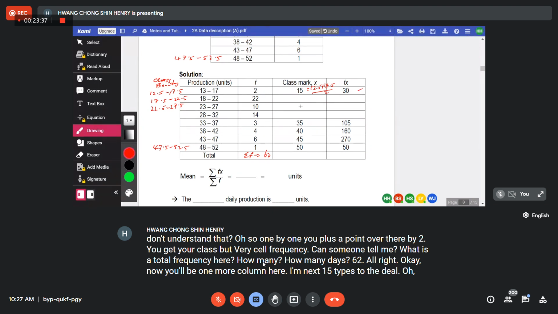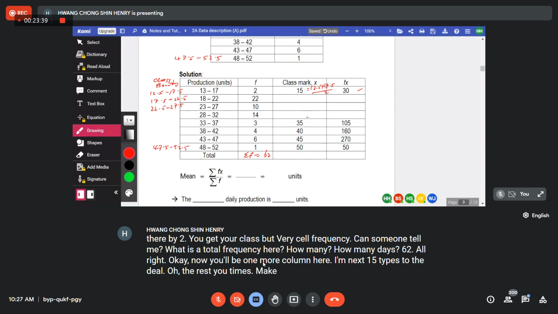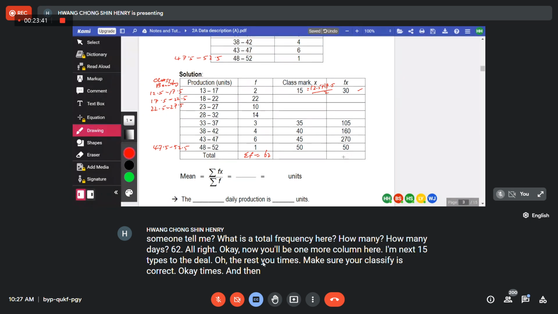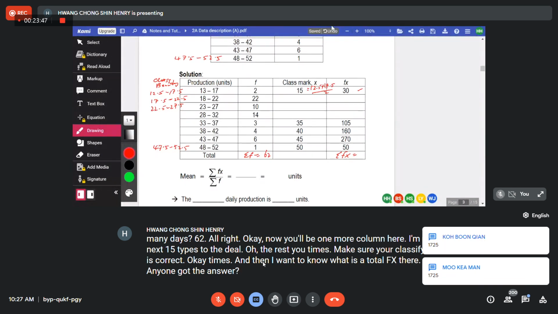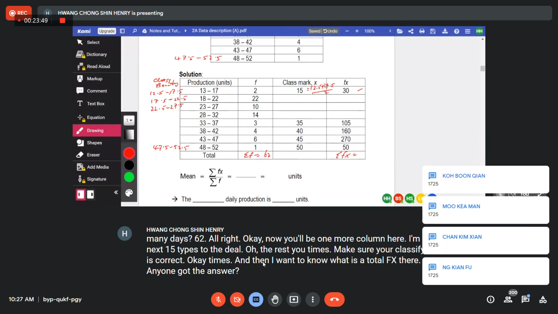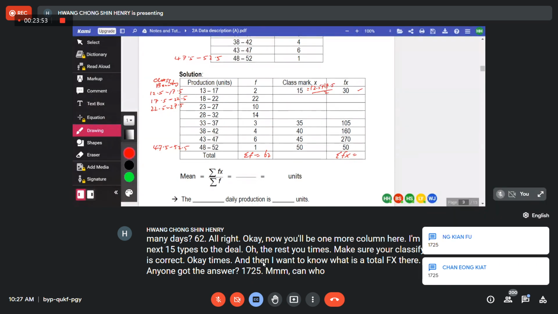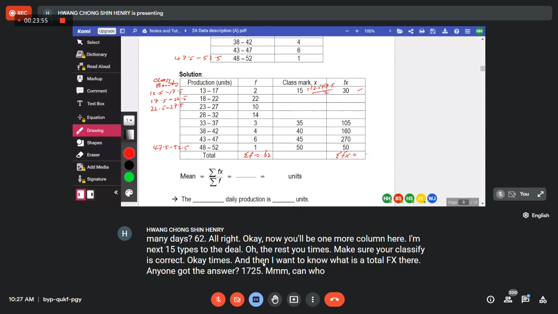The rest you times. Make sure your class mark is correct. Okay, times. And then I want to know what is your total fx here. Anyone got the answer? 1725. You get who? So what is your mean?